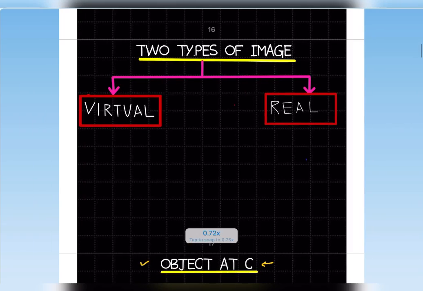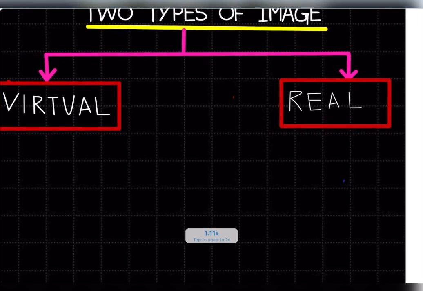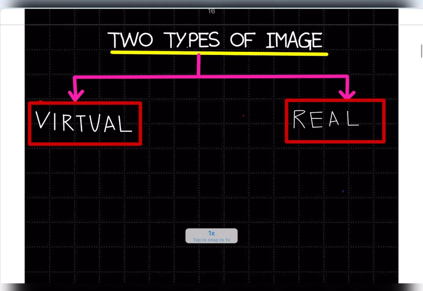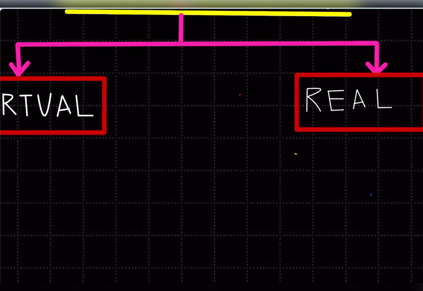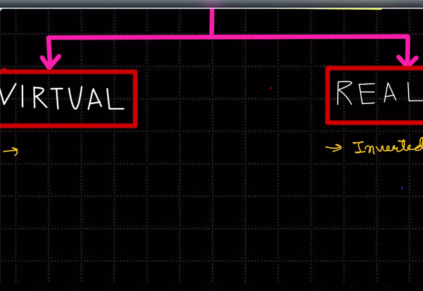Let me conclude. Virtual and erect, real and inverted. So one thing we can conclude is that if it is real, then it will be inverted, and if it is virtual, then it will be erect. This is fixed.